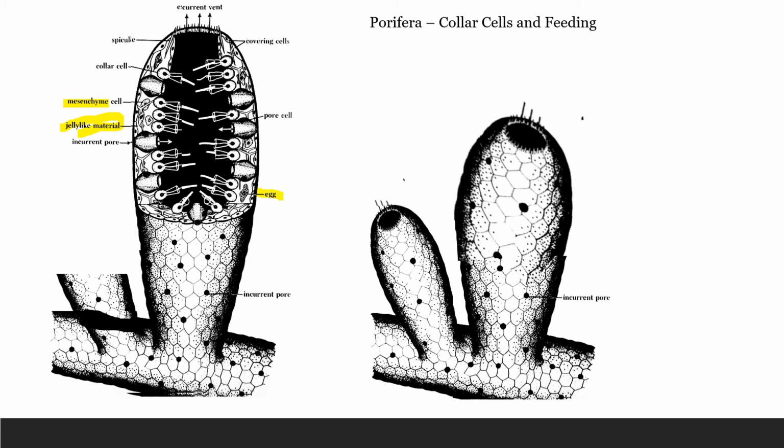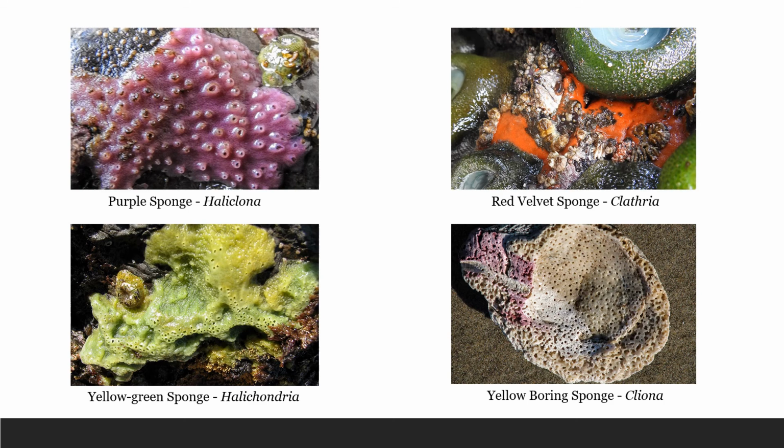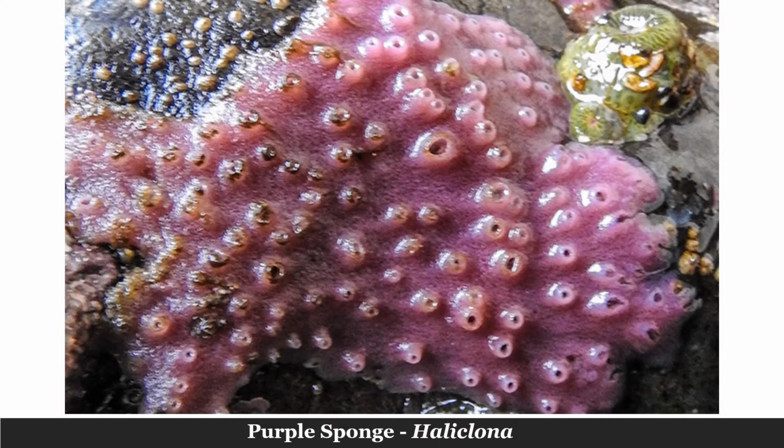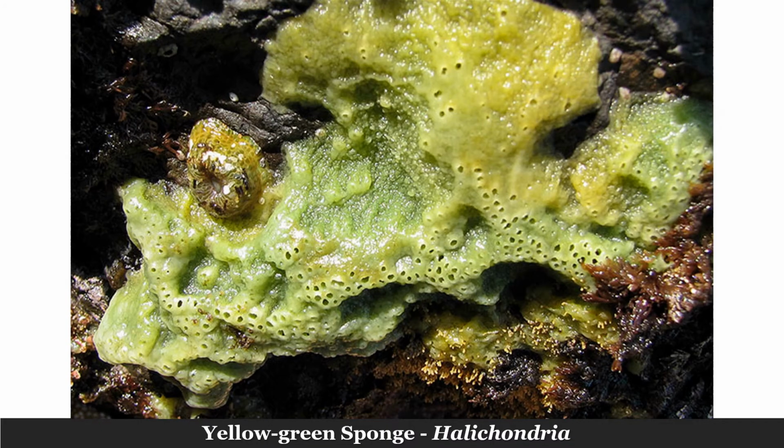And here are some of the sponges we'll see down there. We'll see the purple sponge. It likes protected areas. It doesn't grow so much in bright sunlight, but on the walls of some of the shaded rocks down there, you'll find it. You'll find the yellow-green sponge, and it's fairly prominent.